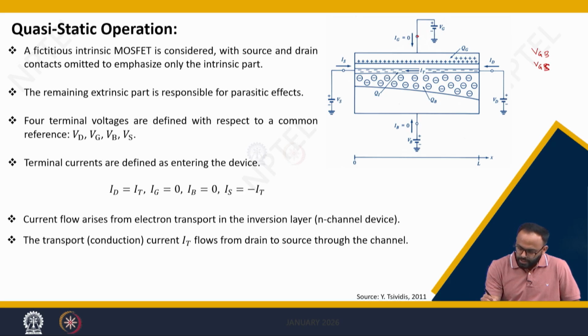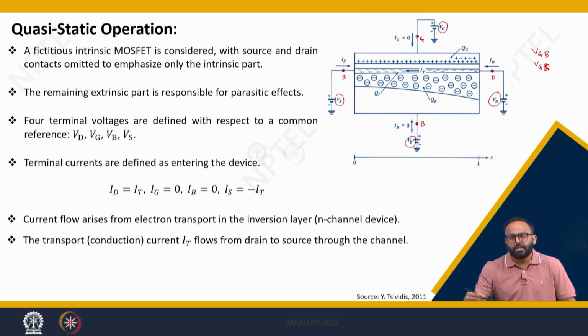Here this terminal is gate, this terminal is source, this terminal is drain, and this terminal is body. In each terminal, DC voltages have been applied, which are nothing but Vg, Vd, Vs and Vb, and these voltages are measured with some common reference which is termed ground here. We do have relative currents in the terminals. You can see all the directions of the currents are considered inward to the device.